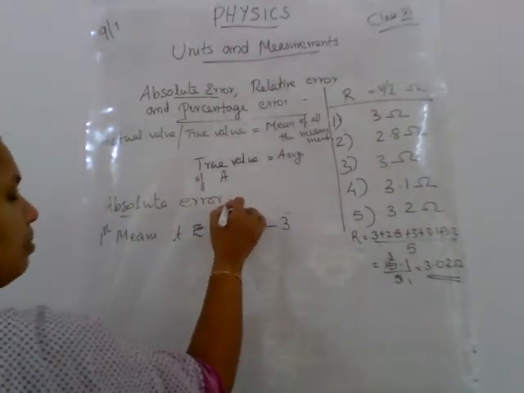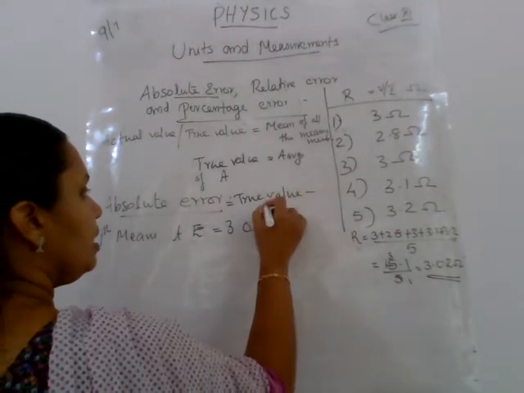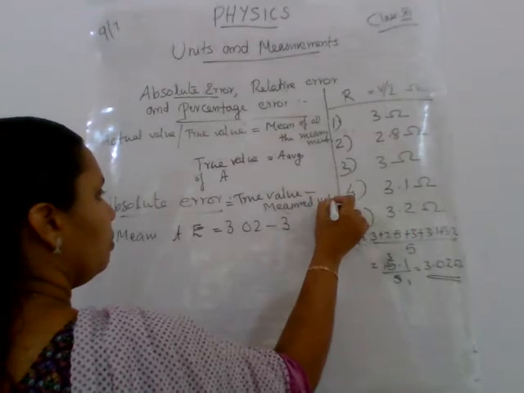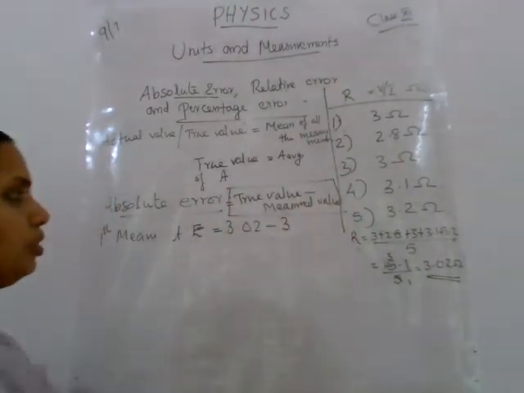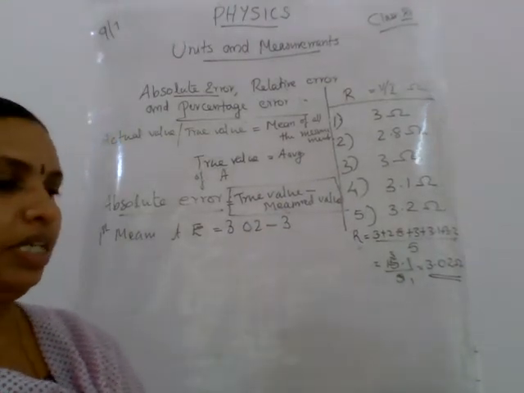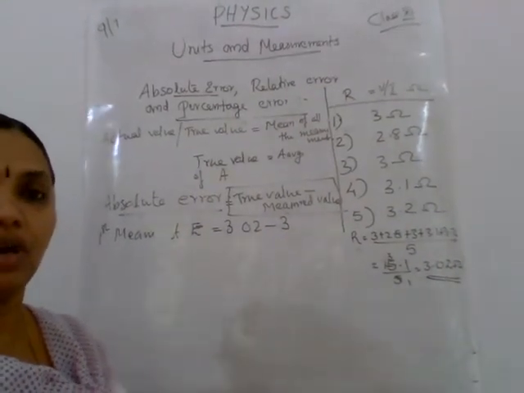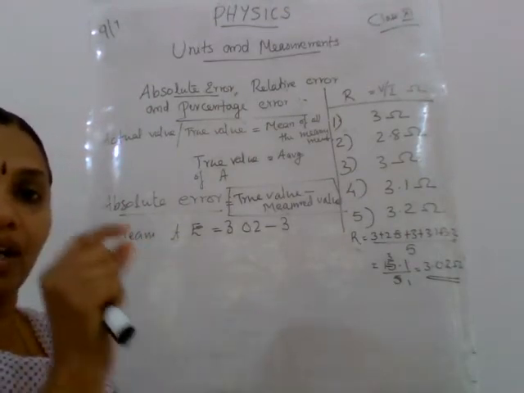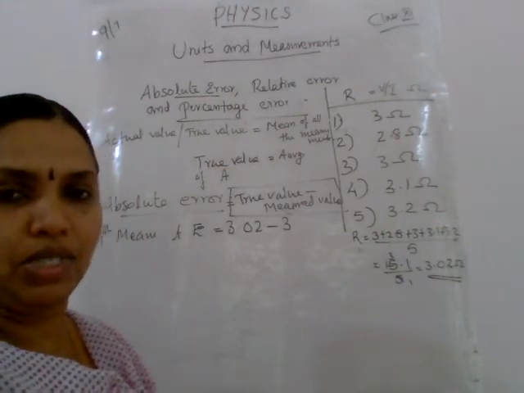Absolute error is true value minus measured value. So in each measurement there is an absolute error. For all the measurements we can find out the absolute error. That is, the error that occurred in each measurement, that is known as the absolute error.